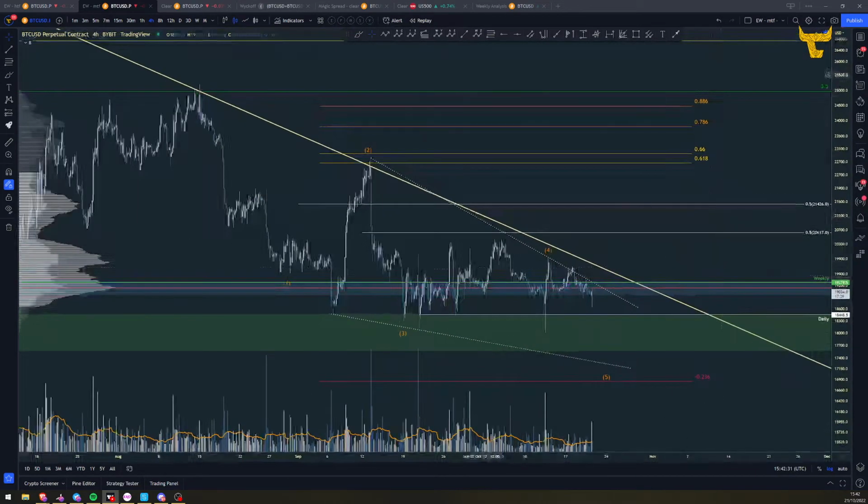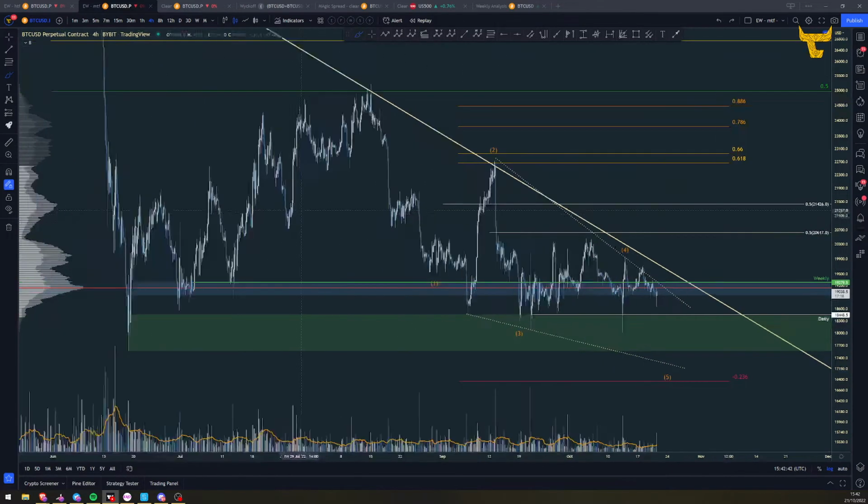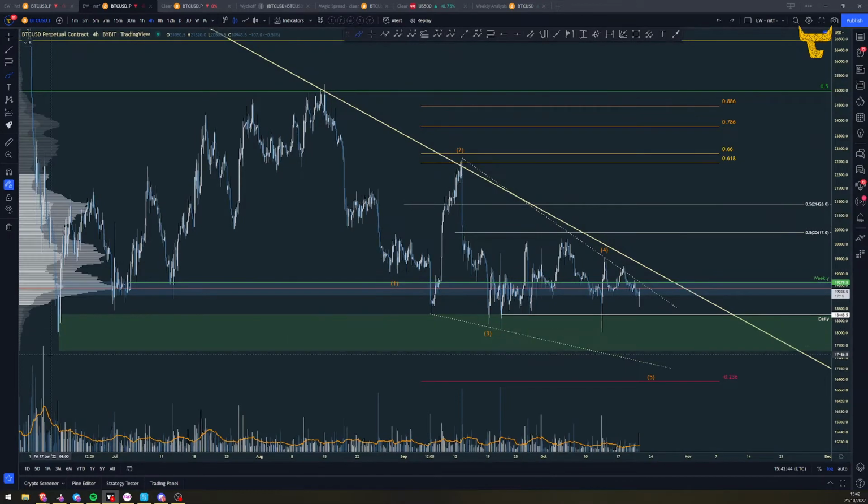Ending diagonal. So the idea here is to keep this indeed as a corrective structure, but part of the larger count here. That would mean this low is not going to hold. This is just a wave 3 and we're still finishing a wave 5. So we need to count 5 waves from here, not an ABC.